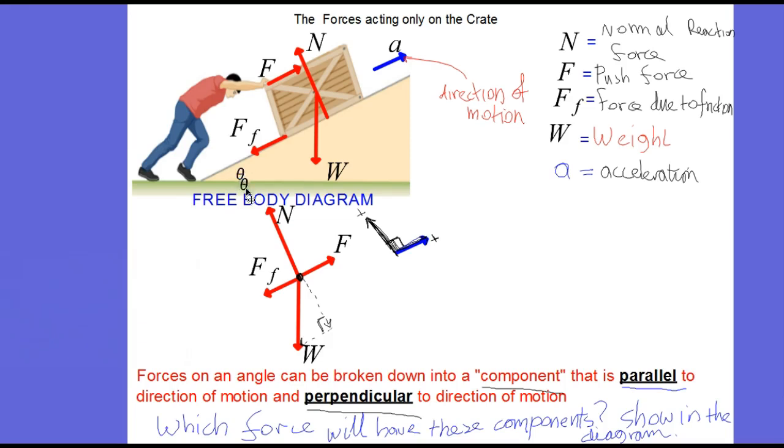But is the equivalent acute angle theta down here in the right angle triangle, or up here? Where do you think it should be? Up there, absolutely. So that produces your right angle triangle for your weight force.